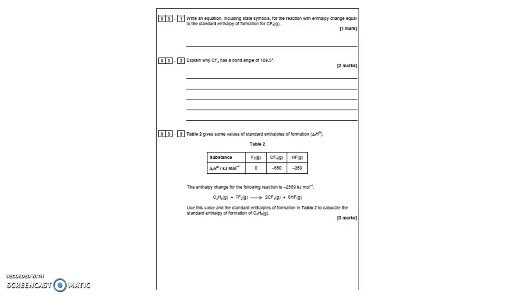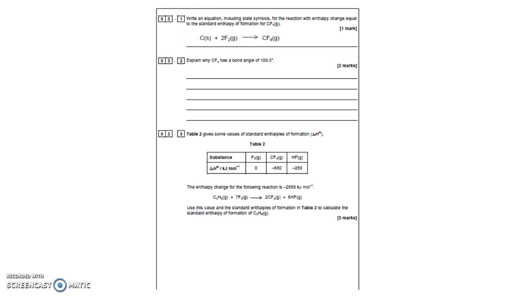Write an equation including state symbols for the standard enthalpy of formation of CF4 gas. Well, I've made CF4 gas, and when it's enthalpy of formation, it needs to be elements in their standard states. That's as you'd normally find them in the laboratory at room temperature. Well, in there's carbon and there's fluorine.